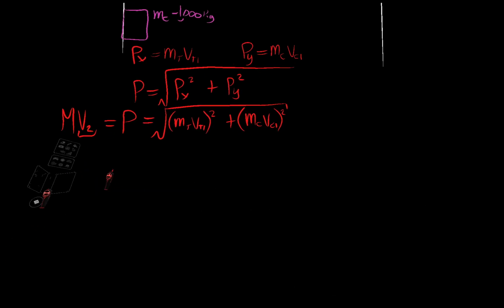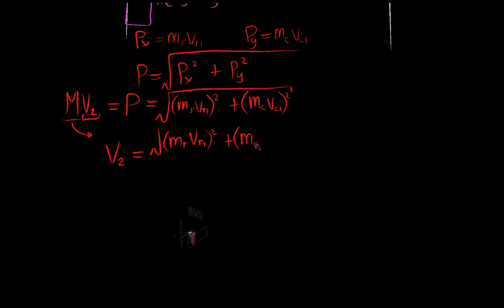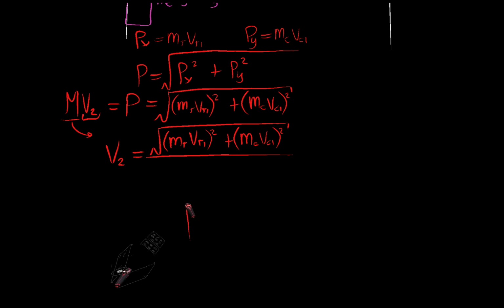So we're going to divide by the final mass, and then we'll end up with v2 equal to this expression up here, the square root of (mt vt1) squared plus (mc vc1) squared, all under this radical, divided by the total mass, which I've been using as capital M, but what it really is, mt plus mc. It's the combined mass of the truck and the car.